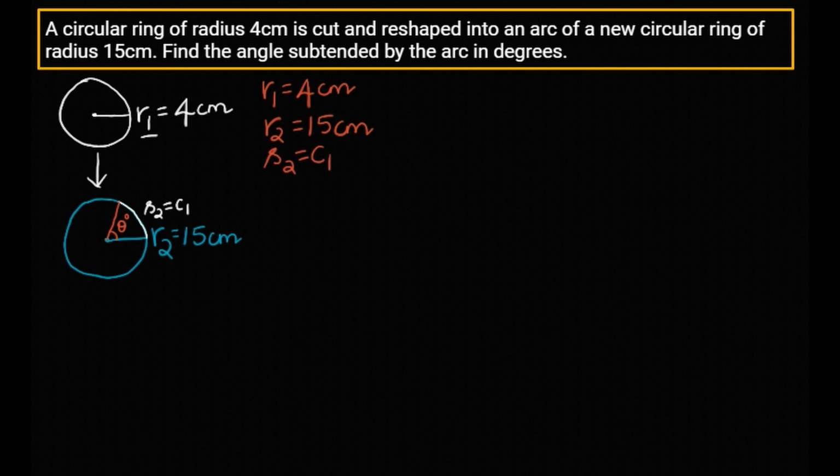So we have to find the angle subtended at the center of the second circular ring. So let that be theta 2, and we have to find that in degrees.